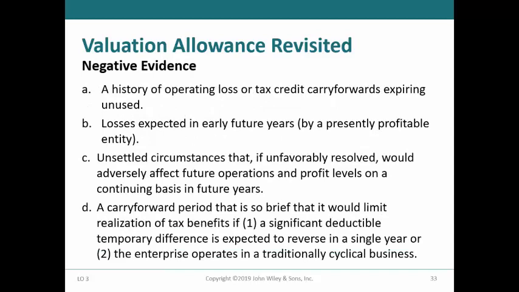Some examples of negative evidence that would indicate that an allowance should be recorded include a history of net operating losses expiring unused, losses expected in future years, unsettled circumstances that would adversely impact future operations, reversals of significant deductible temporary differences, or operating in a traditionally cyclical business.